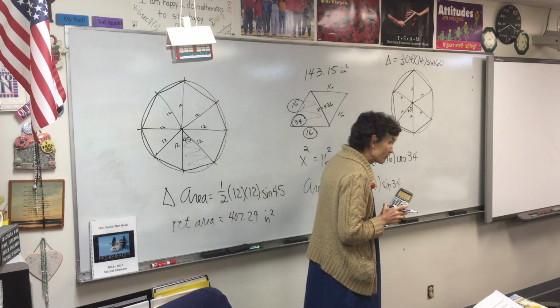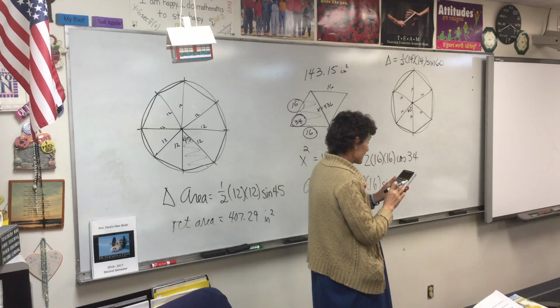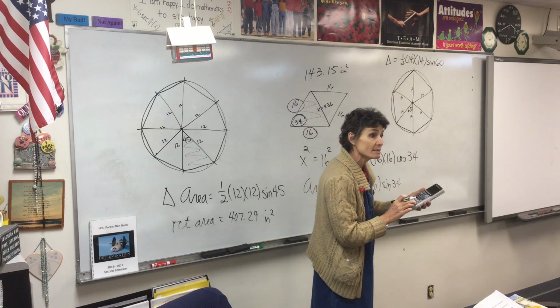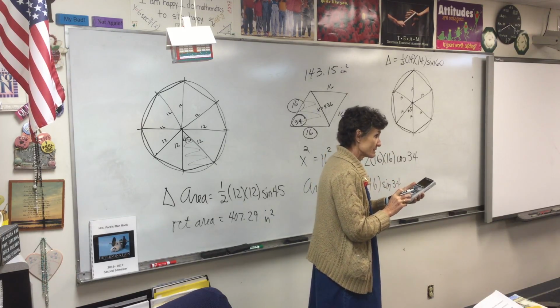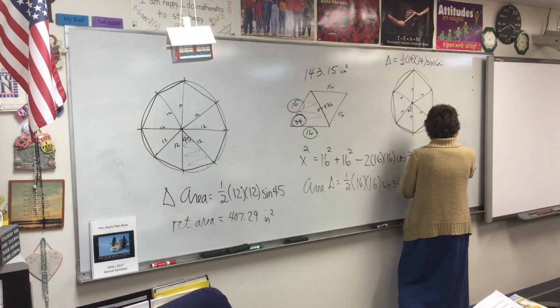Okay. And then remember to do what? That's the area of the triangle. So we need to take it this time times 6. Hexagon, 6 of them. So the answer is 509.22 square inches.